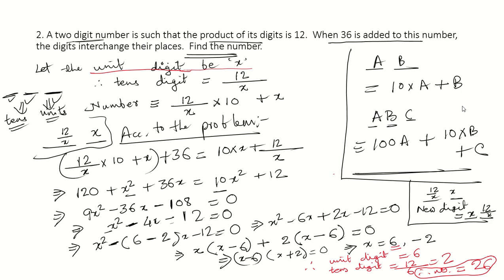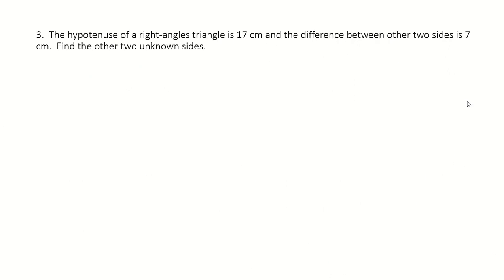Then we found the tens digit, and then we found the number. Okay, so we will go to the next problem. So here is the next problem. Do the same thing. Please pause the video and attempt it, and then after you're done, we will solve this problem.